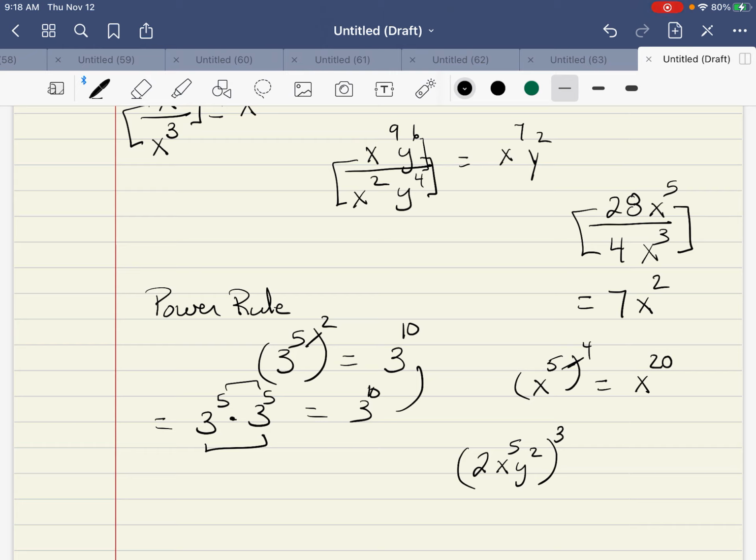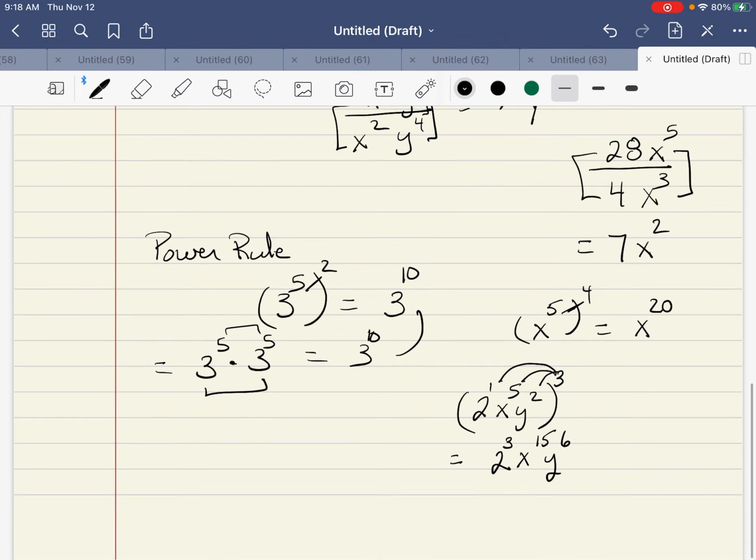So in this case, that exponent 3 is going to multiply with all the exponents. But you got to be careful, the 2 also has an exponent 1, which is easy to miss until you get used to it a bit. So you're going to keep that base and go 1 times 3 is 3. Keep the x base, 5 times 3 is 15. Keep the y base, 2 times 3 is 6.